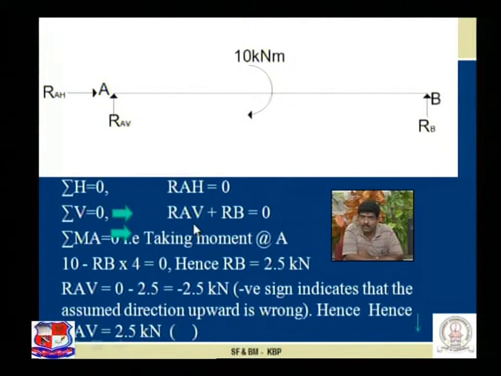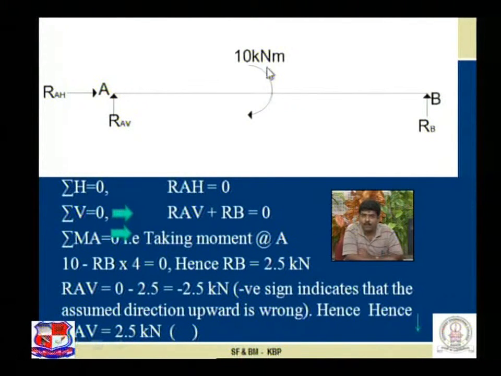Next, in this equation there are two unknowns, RAV and RB, and obviously a concentrated moment is acting over here. So we have to take the third equilibrium condition, that is sigma M at any point equal to 0. Let us take sigma MA equal to 0.